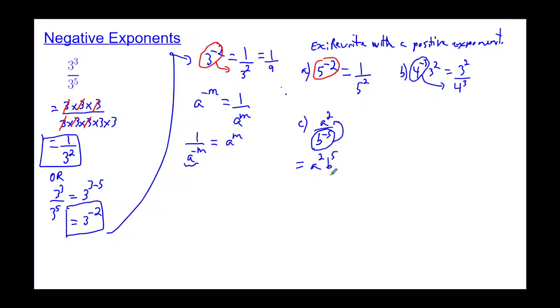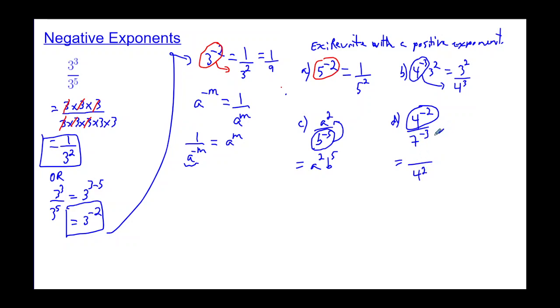Now you might be wondering what happens if they're both negative. Let's do one of those. A power in the numerator that's negative and one in the denominator that's negative. Let's do 4 to the negative 2 divided by, let's say, 7 to the negative 3. So first off, we want to take this power and change it to a positive exponent. So it's going to move from the numerator into the denominator.